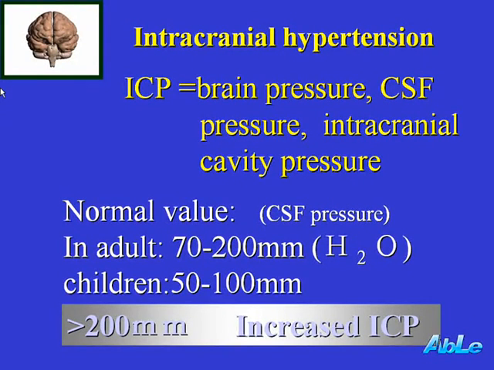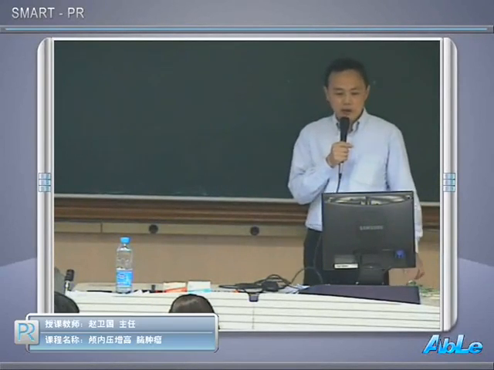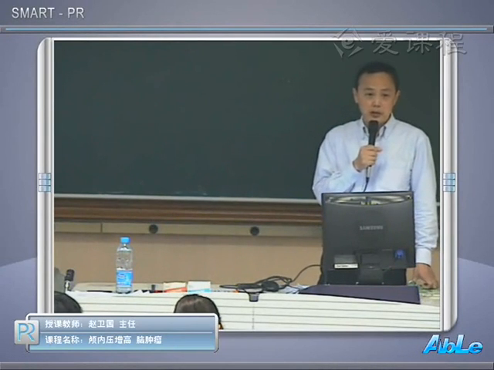Some proper names. Intracranial hypertension. Before we talk about it, we should know what intracranial pressure is. Intracranial pressure means brain pressure, or we can measure CSF pressure or intracranial cavity pressure. How to obtain intracranial pressure?